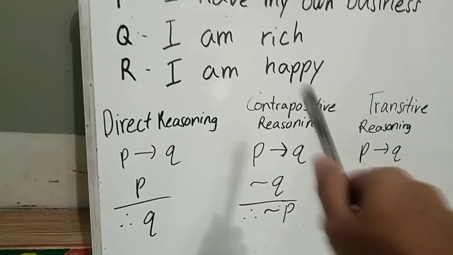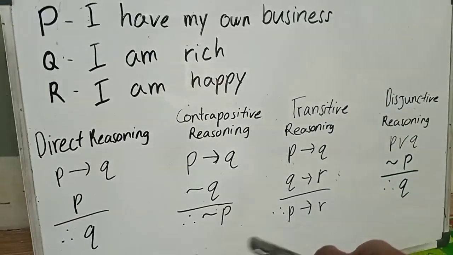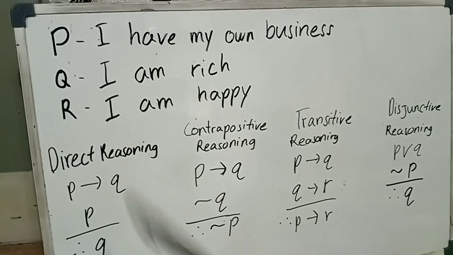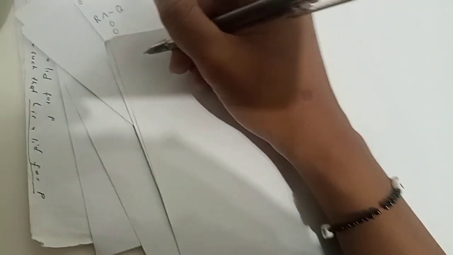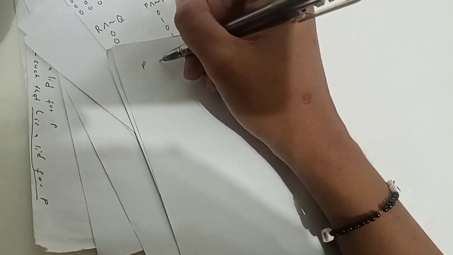Let's always write the P and Q for these reasonings since they only apply P and Q. P and Q are constants.